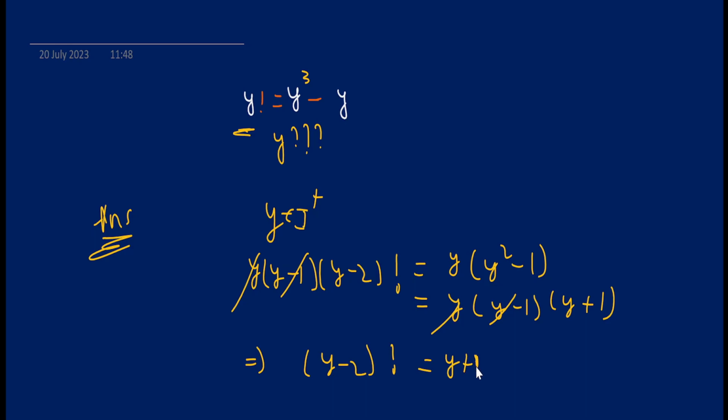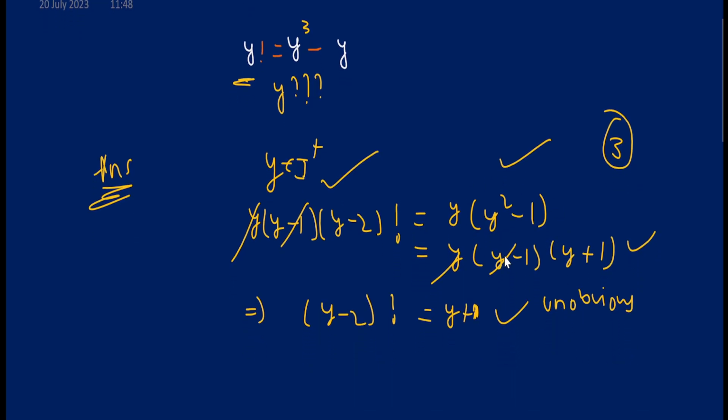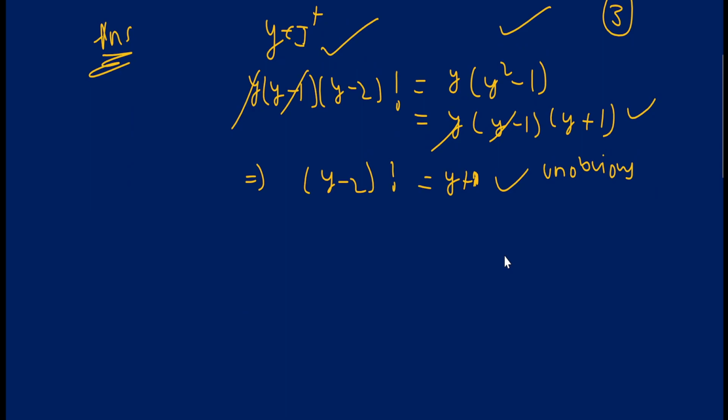Now you might ask why we performed these steps, and why we canceled out, when we still reached some unobvious state. That's the beauty of problem solving.